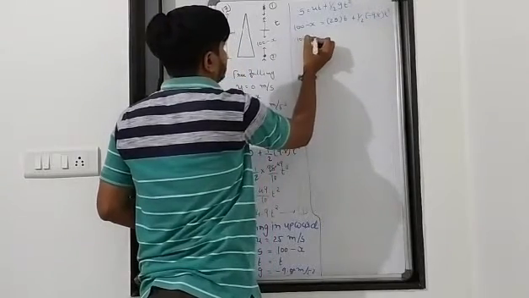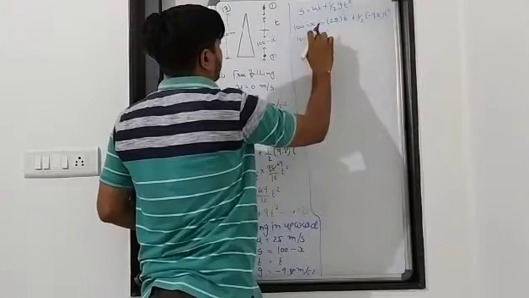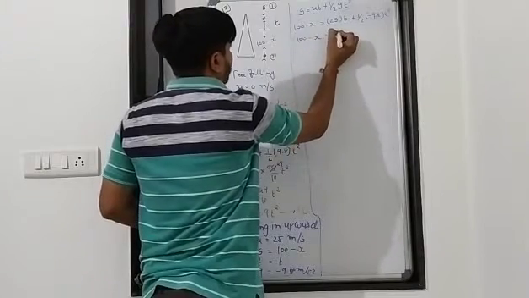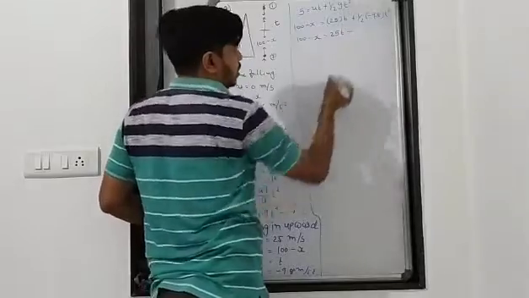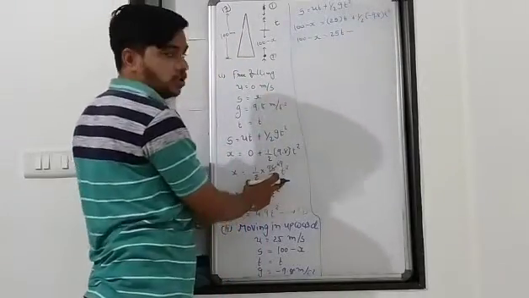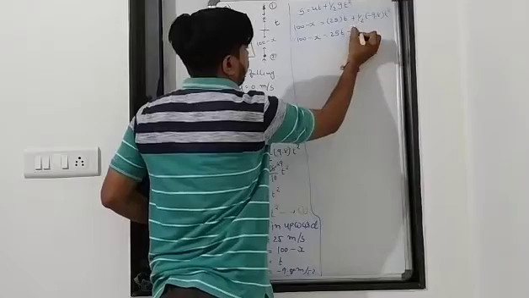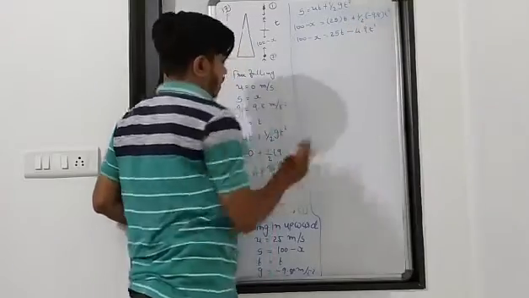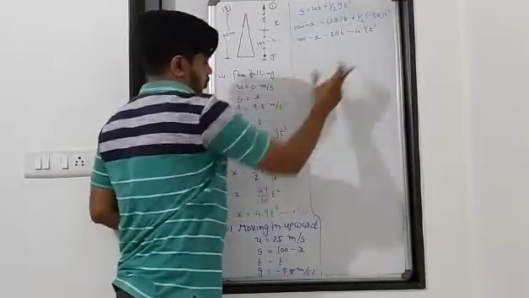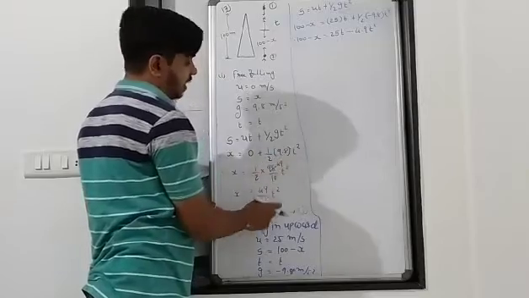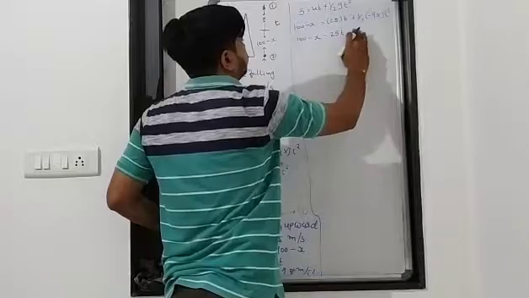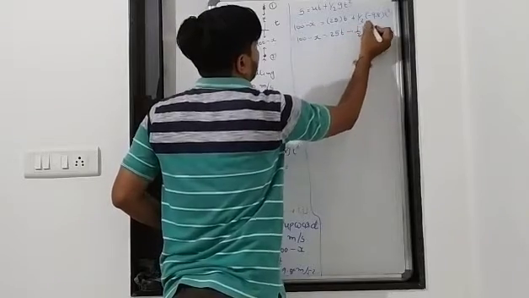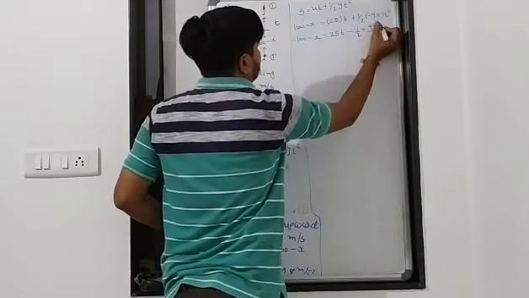So 100 minus x is equal to 25t minus 4.9 t square.